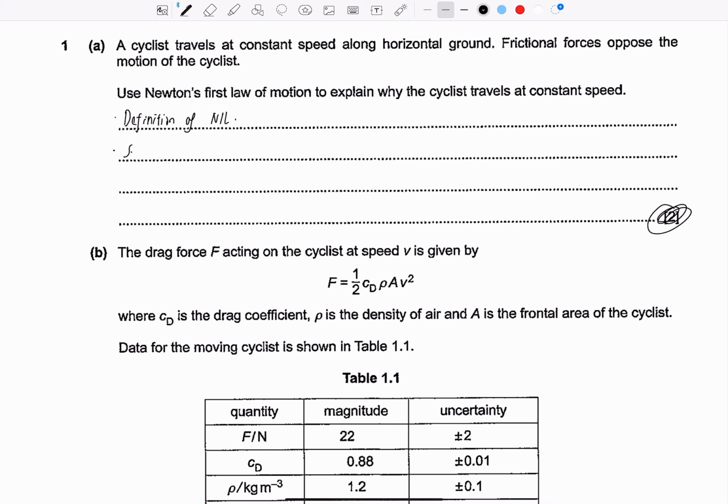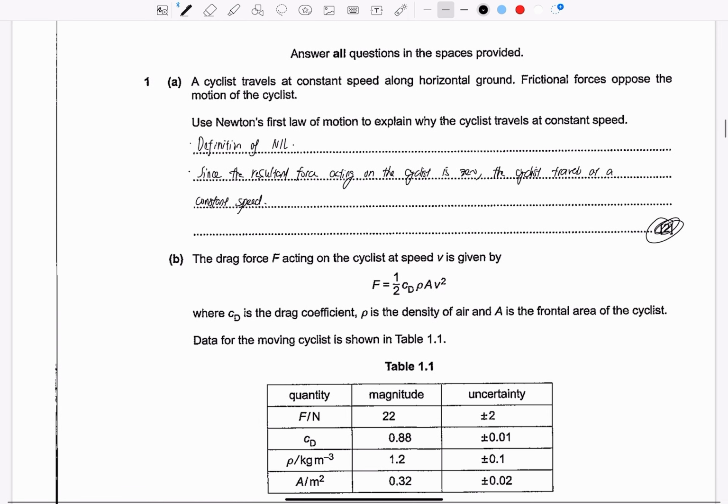Second step, since the resultant force acting on the cyclist is 0, the cyclist travels at a constant speed. There we go. Pretty simple. Just Newton's first law. And then we'll move on to the next question.